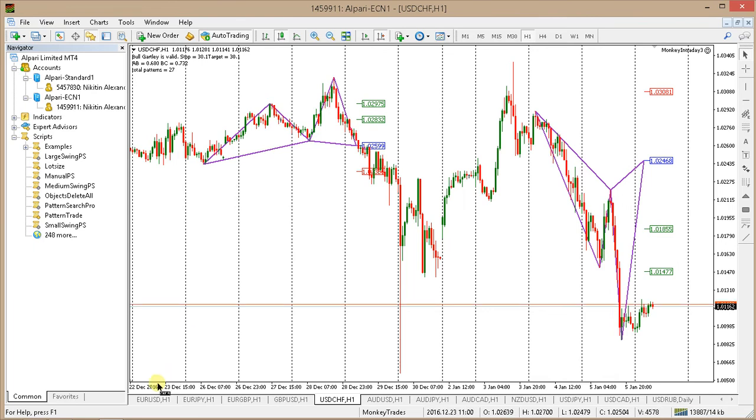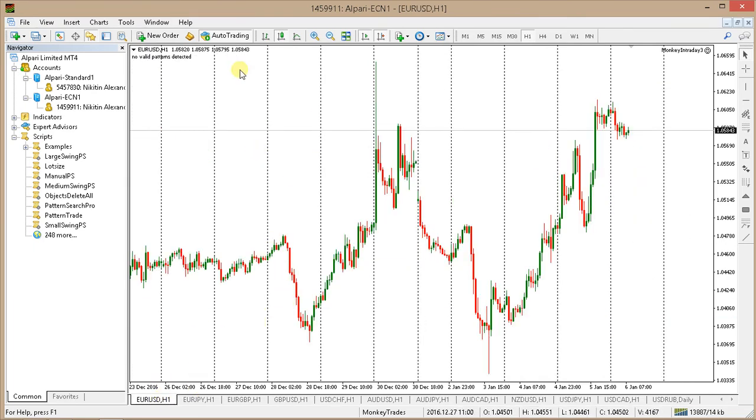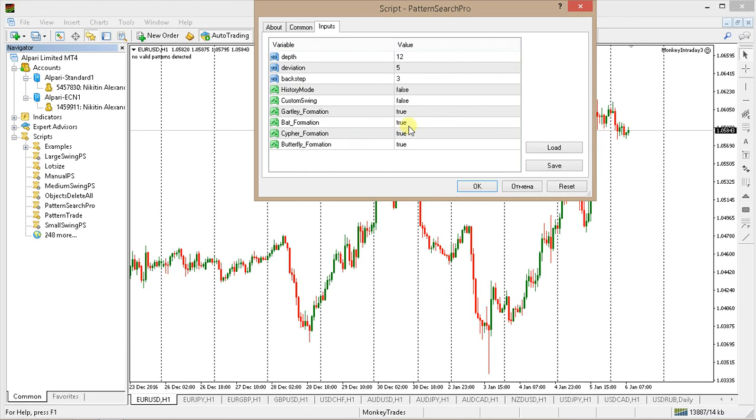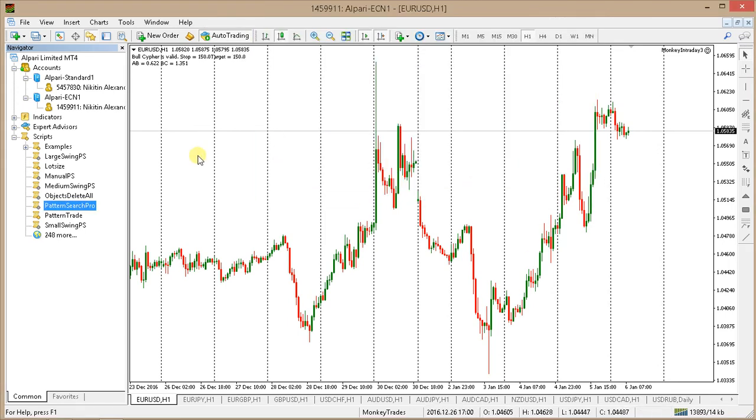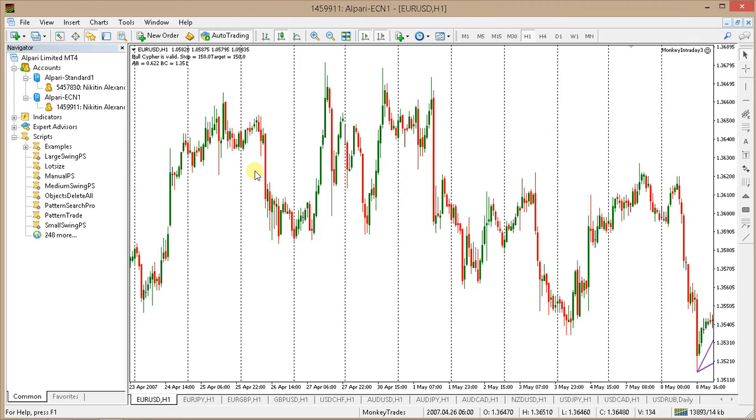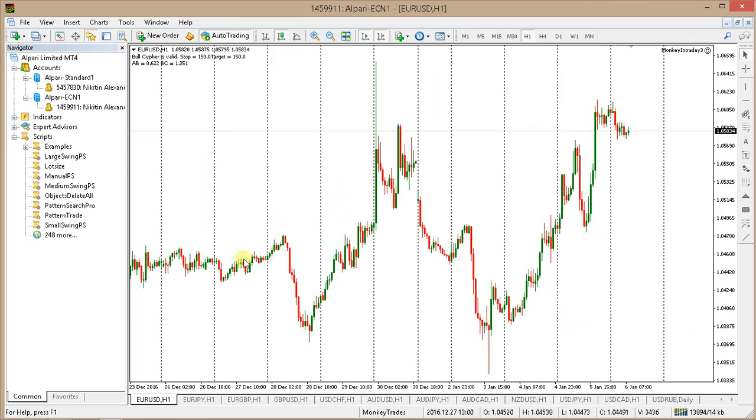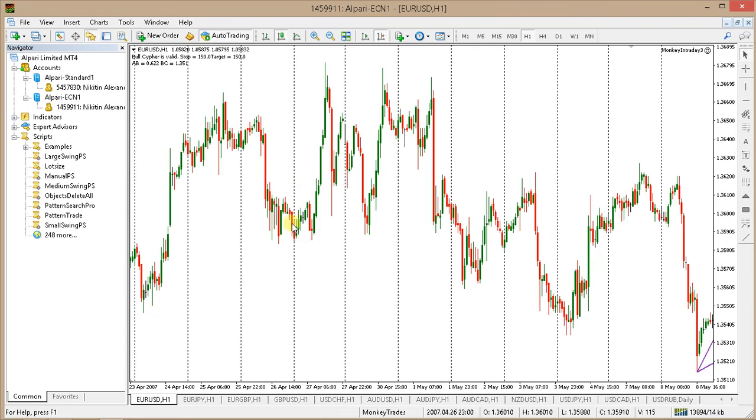We can go to whatever, we can go to Eurodollar and calculate the same. Let's go to that large. History mode true. Disable godly, disable bat, disable butterfly. Let's have a larger period, something like 10 years, if we can have it. What is the first date here? 2016? Yes. No, 2007. So from 2007.